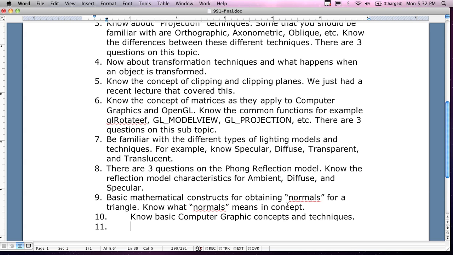There's one on a graphics processor. And the question actually goes, graphics processor or GPU speed is judged by. So, know how to judge graphics processor speed. It's a factor that's going to be influenced with something having to do with what's being rendered.